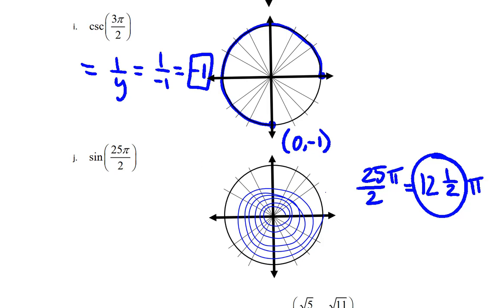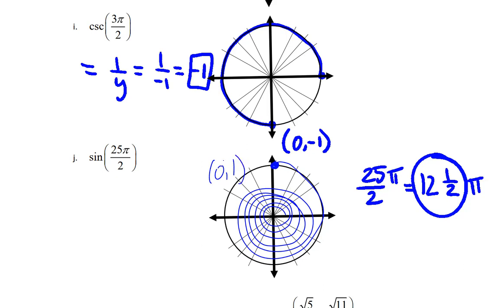6 times around the circle is 6 times 2 pi, that's 12 pi, which means we only have another half pi to go, but half pi is just another quarter circle. So actually we're going to stop, our terminal point is at the top of the circle, which is the point 0, 1.